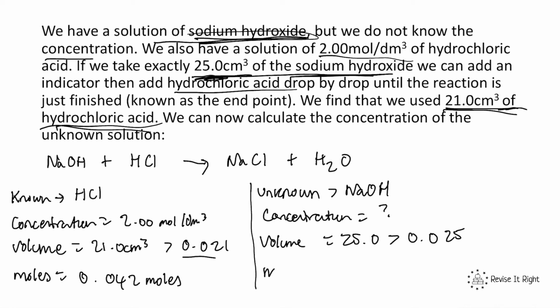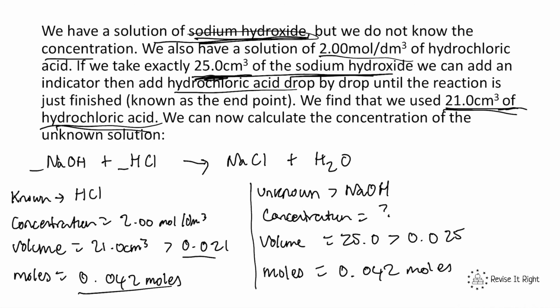And then the moles is where we need to look at our equation. If you see here, you need 1 mole of sodium hydroxide per 1 mole of hydrochloric acid, so they're equal. So if we have 0.042 moles of hydrochloric acid, we're going to need 0.042 moles of our sodium hydroxide.